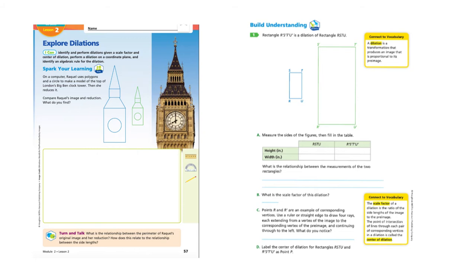Let's look at what that means. So they're telling you the scale factor of a dilation is the ratio of the side length of the image to the pre-image. So that's how you'll determine whether or not the dilation is an enlargement or a reduction.